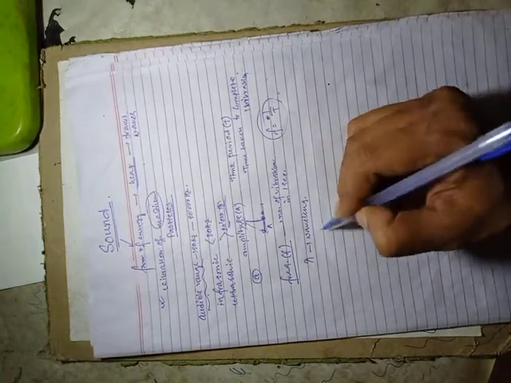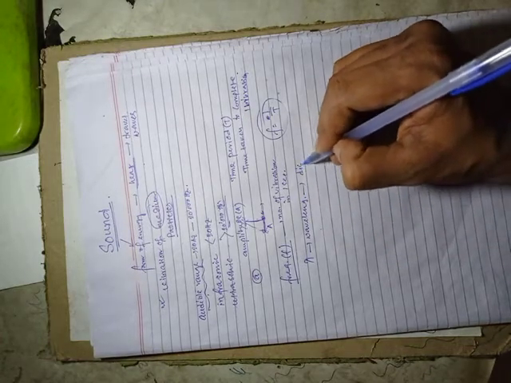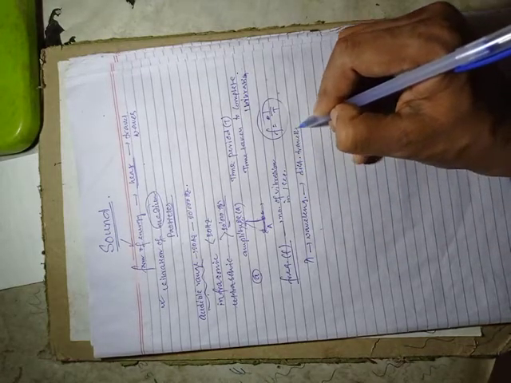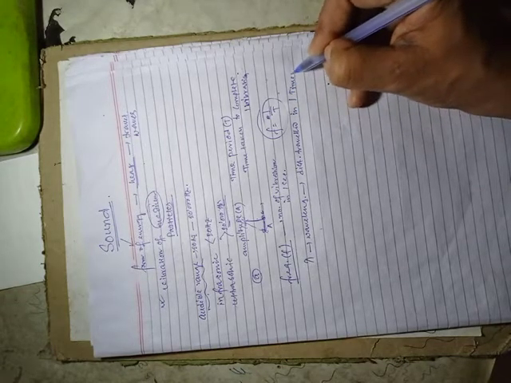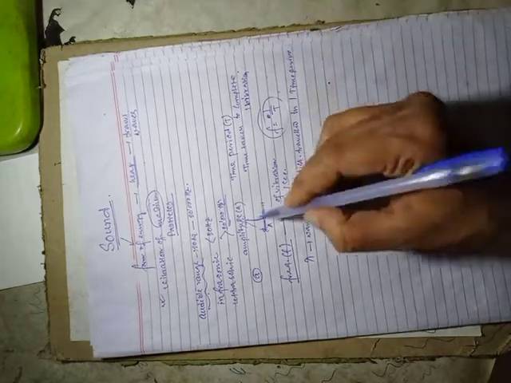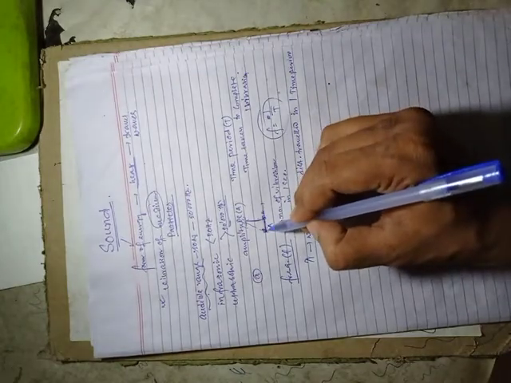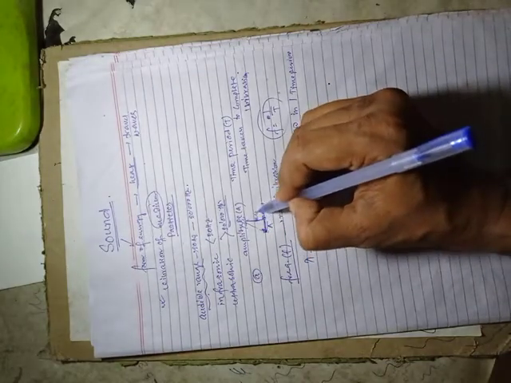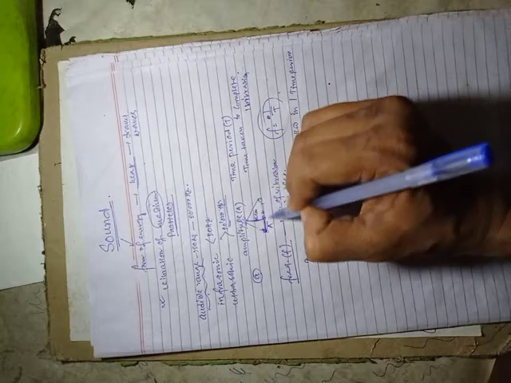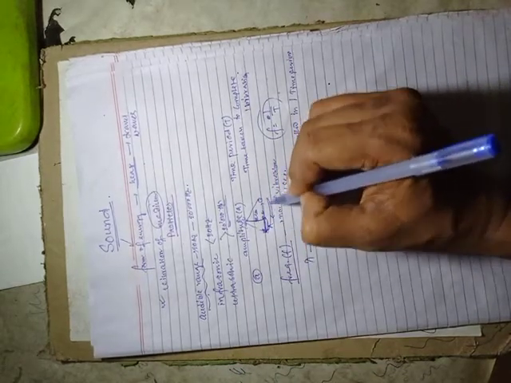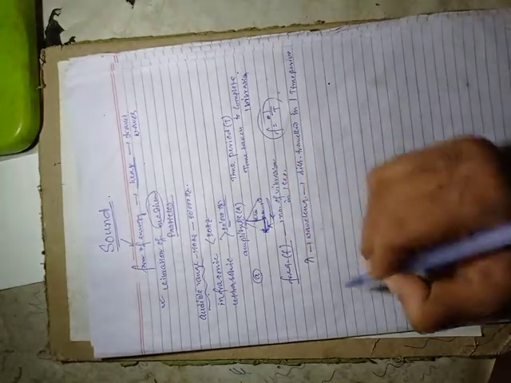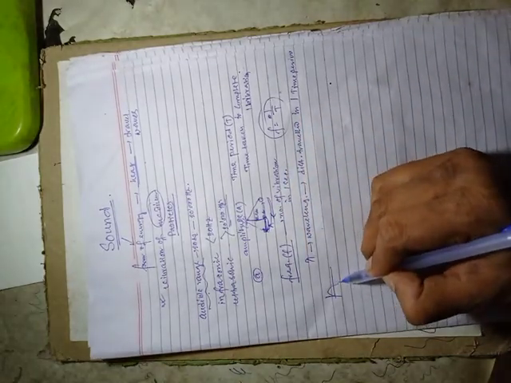Wavelength means distance traveled in one time period. Suppose this pendulum comes to that extreme, the middle position is called the mean position, then it comes to the other extreme, then comes back to the mean position. That is one complete vibration. Suppose the vibration is a transverse wave like this. Now I am coming to the nature of wave, longitudinal and transverse.